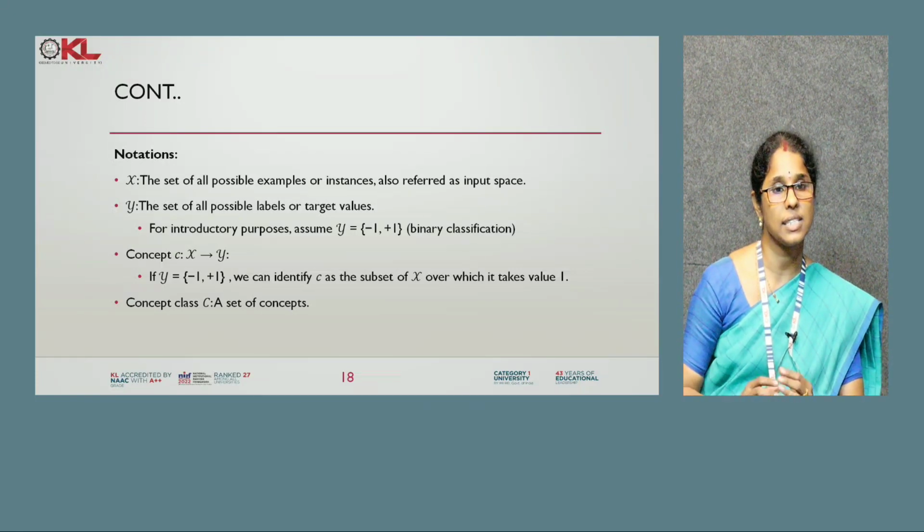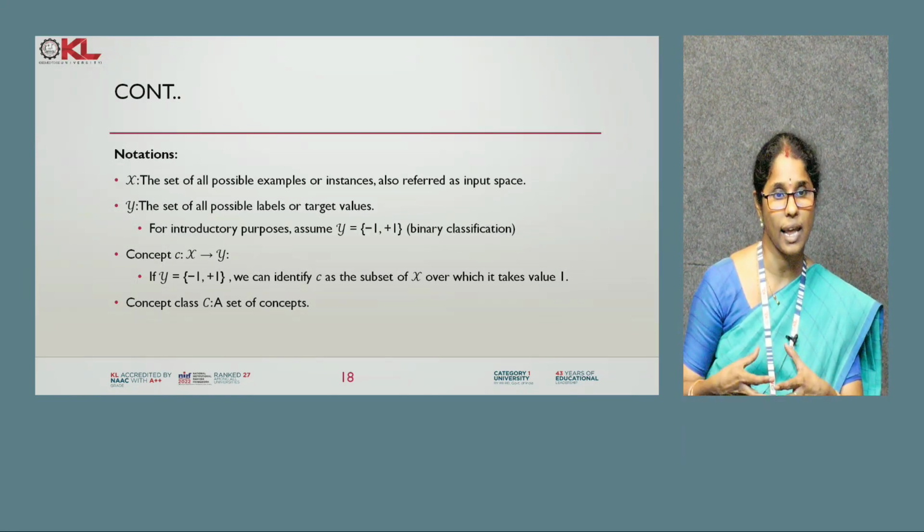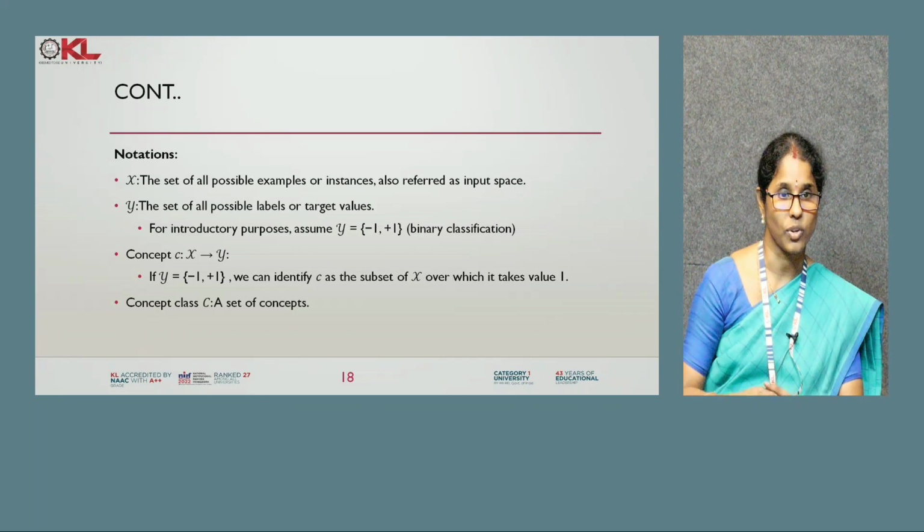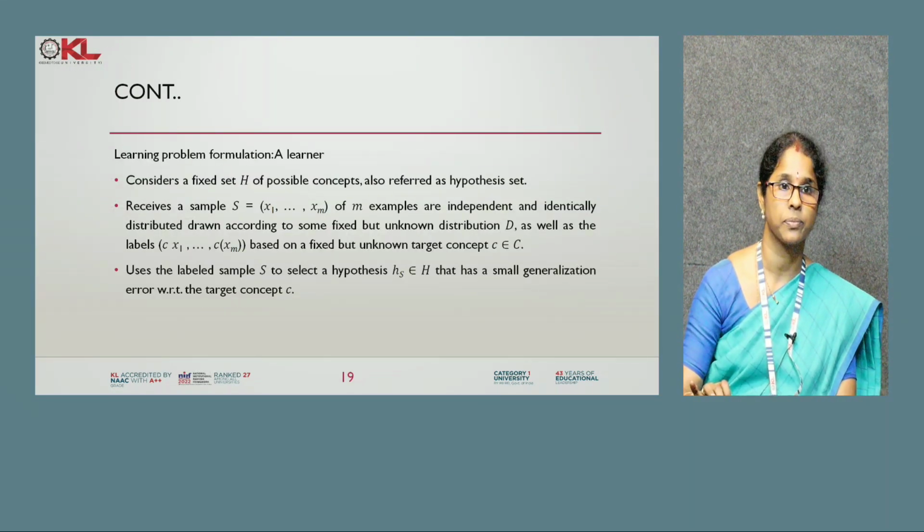C is a concept; there are a number of concepts within your class, and a small c is a part of the concept that we are checking. If Y is equal to -1, 1, then we can identify a particular subset c as a subset of X over which it takes value 1. A concept class is a set of concepts present there.